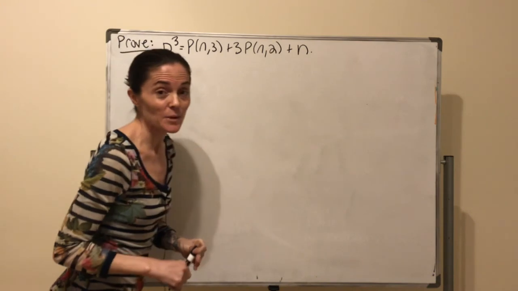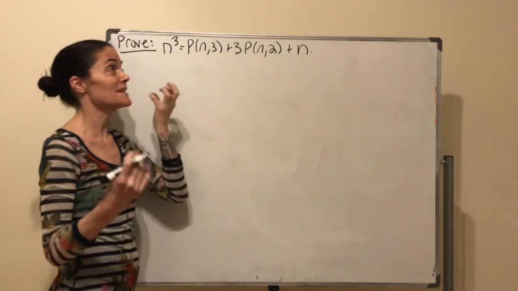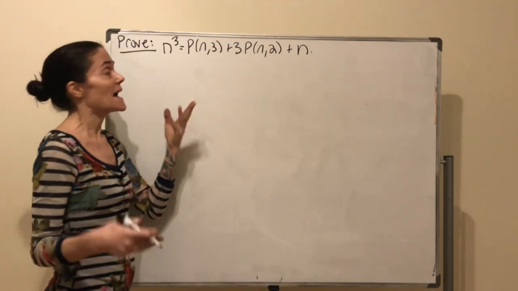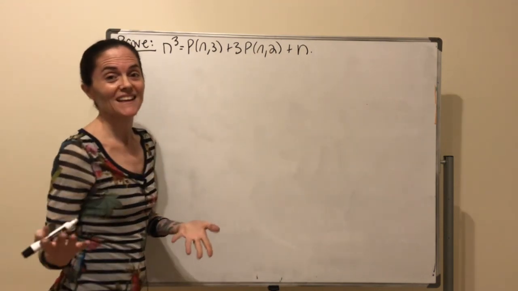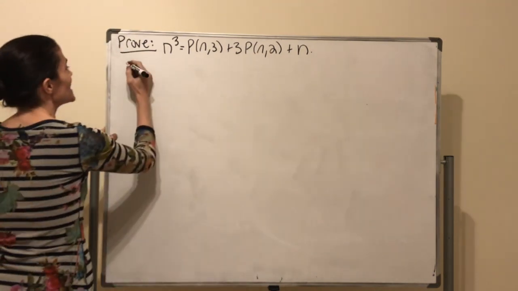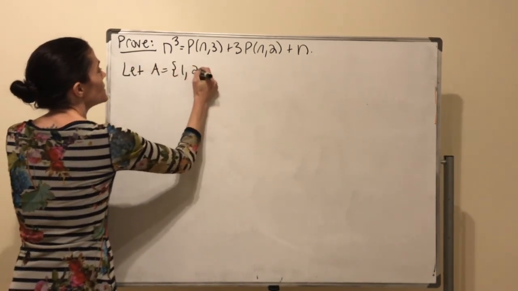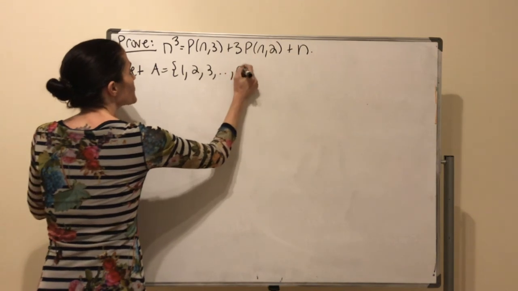If we think multiplication rule, this is really giving us lists of length 3 where we have n possible elements to put in the list. So let me do this. Let A be the set 1 to n.